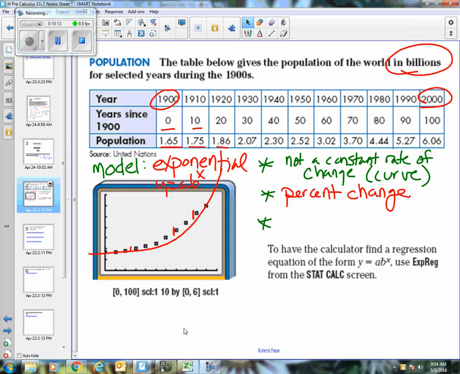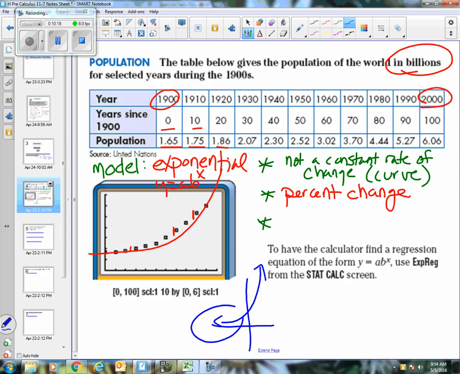The other thing that makes this exponential, and we have this sort of parent graph idea of an exponential, is what's happening at this end of the graph at the left. Exponential equations approach asymptotes. And in this scenario, it is very easy to argue that this graph would be approaching an asymptote of 0, because for population, it can't go negative, right?